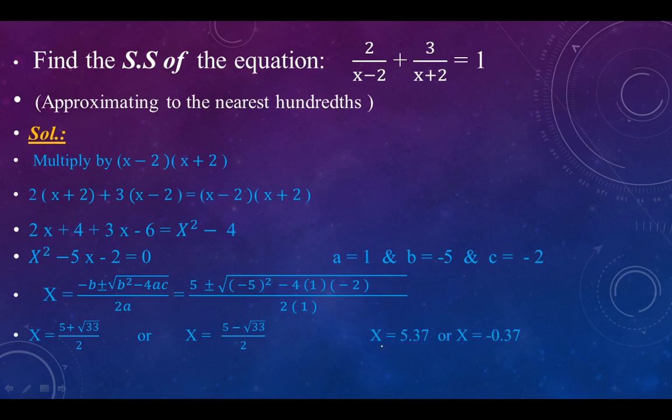So the result will be x equals 5.37 or x equals negative 0.37, and the solution set will be 5.37 and negative 0.37.